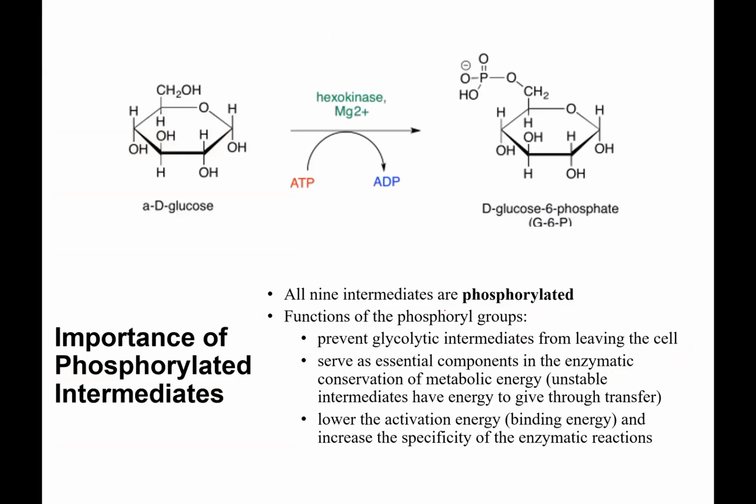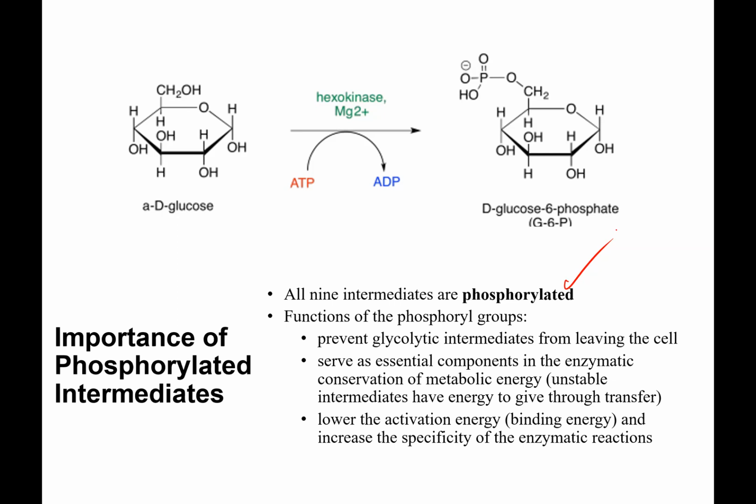Okay, so we saw previously in that first figure showing the 10 steps of glycolysis and highlighting the phosphorylation. We saw how important phosphorylated intermediates, or how ubiquitous, how ever present these phosphorylation states are to the glycolysis reaction pathway. So all 9 intermediates are in fact phosphorylated, as we saw. What does this do for us?